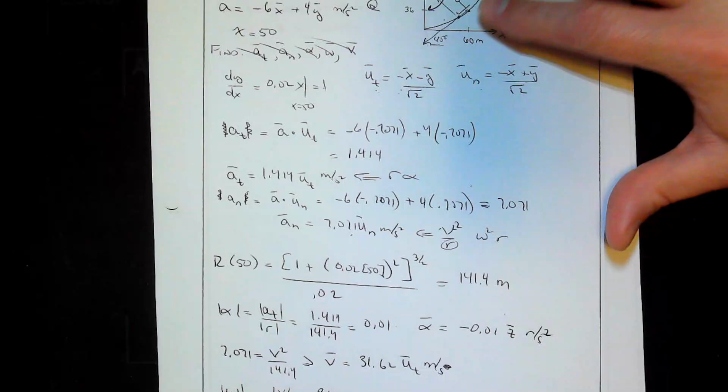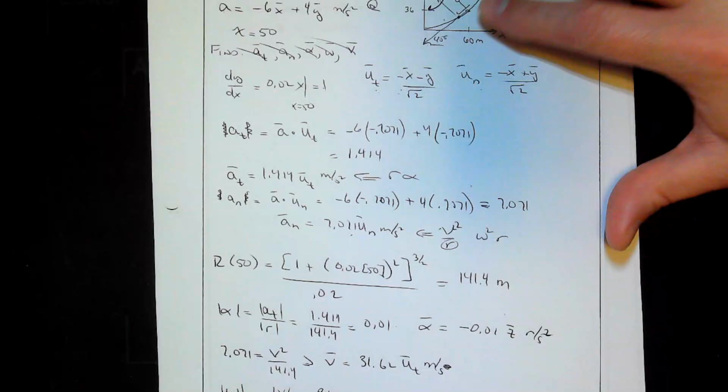So AT is equal to a dot ut, actually it could be positive or negative, so we'll leave that there.